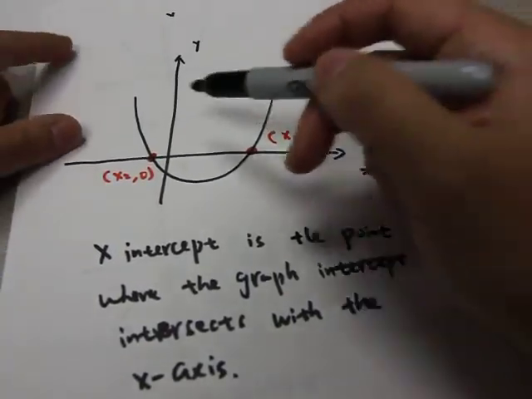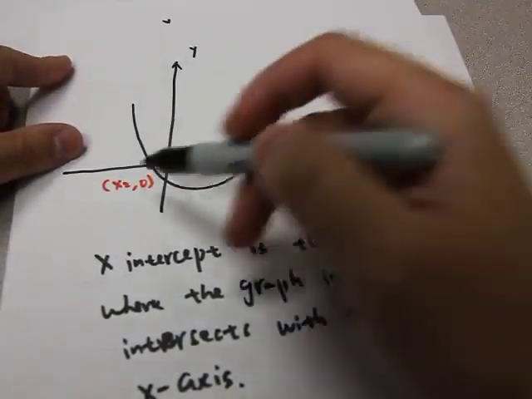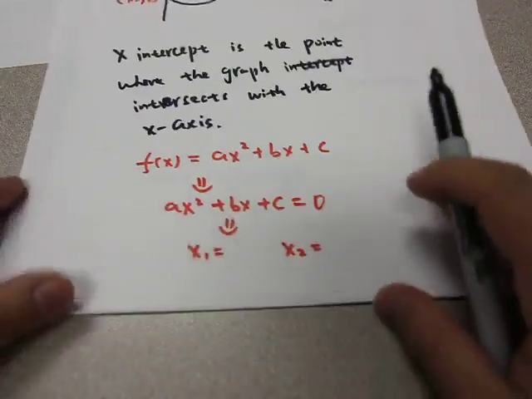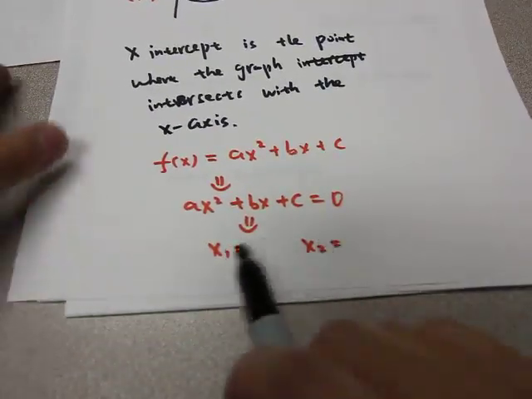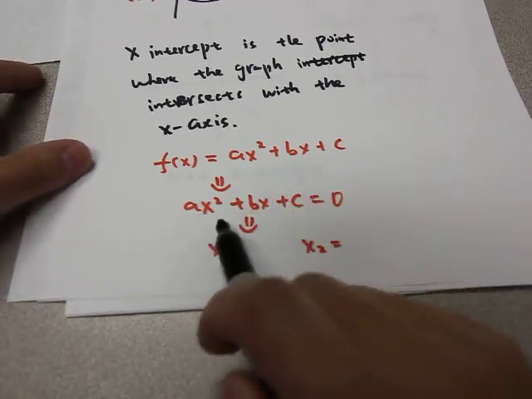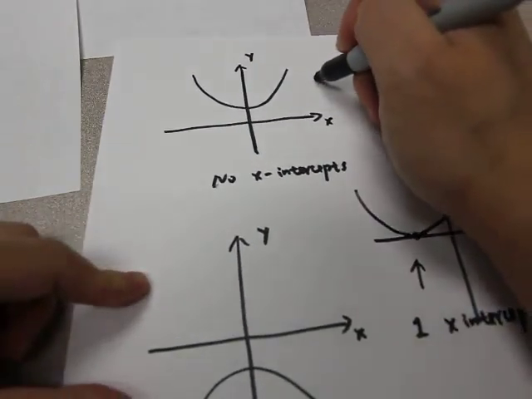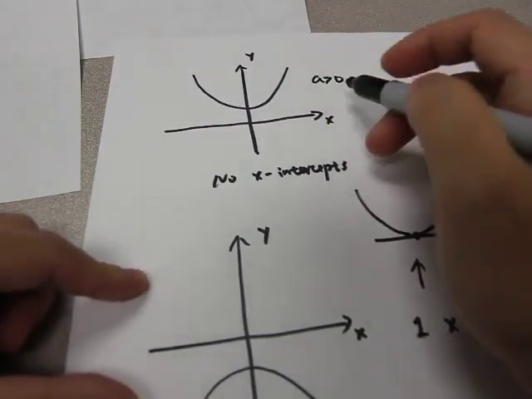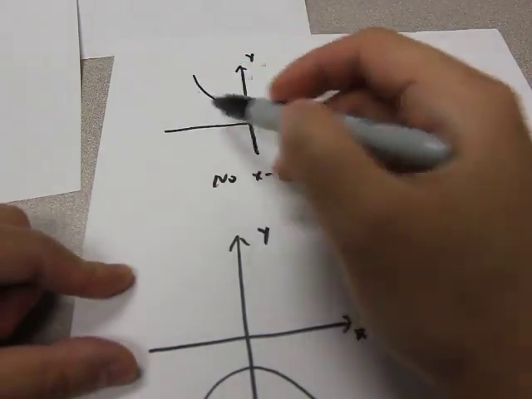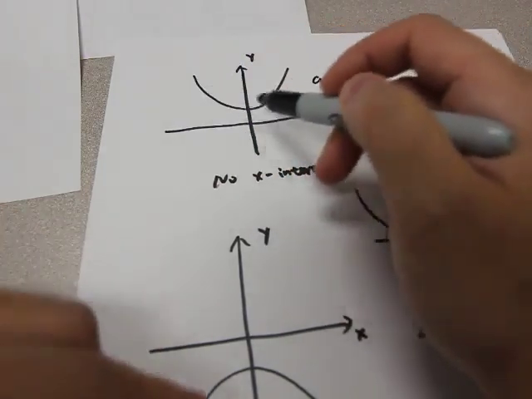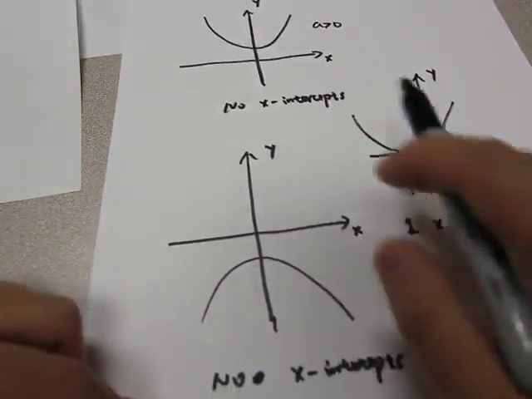If a parabola touches the x-axis at 2 different points, then we're going to have 2 different x-intercepts, and we can find them by solving this quadratic equation. And if the parabola opens up, which means a is greater than 0, and the parabola is above the x-axis, then we don't have an x-intercept.